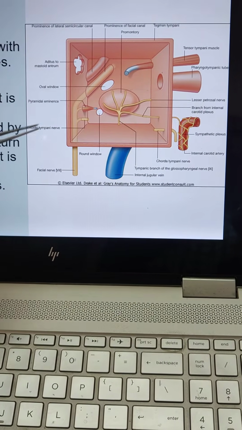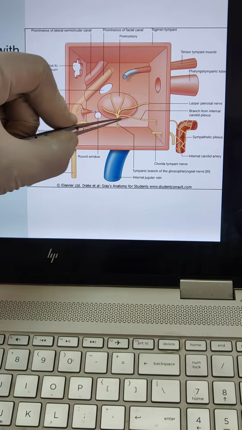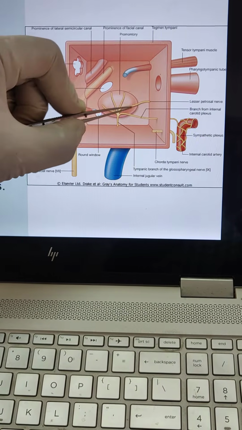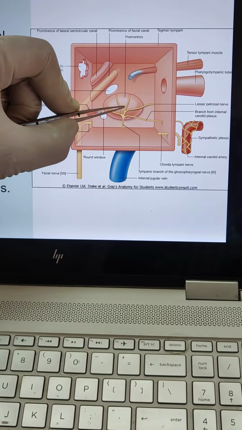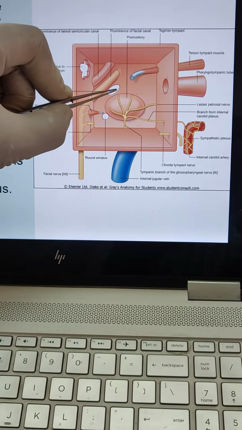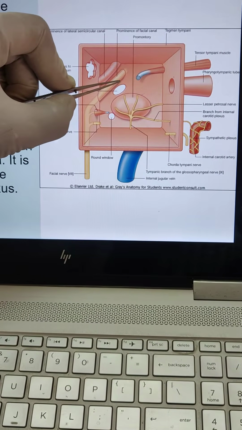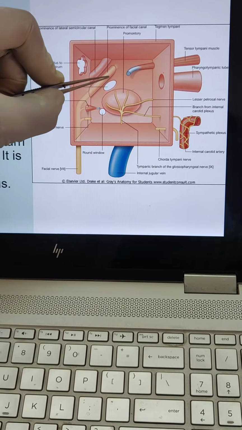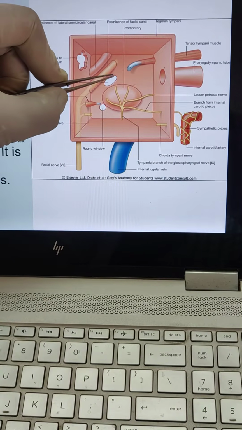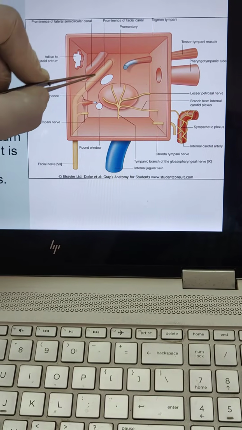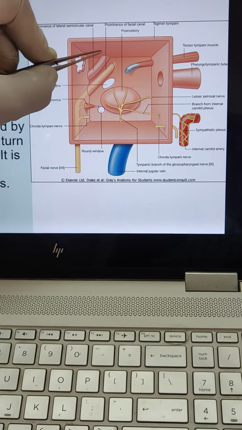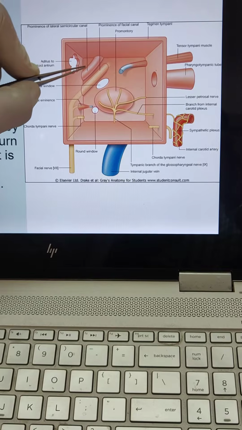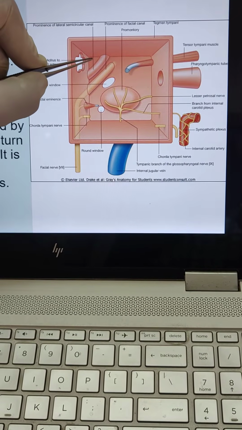So the medial wall is formed in the middle part by the basal turn of the cochlea, called the promontory, and above and posterior to it is the oval window, closed by the basal plate of the stapes. Above it and posteriorly there is the oblique part of the facial nerve and the prominence of the lateral semicircular canal.